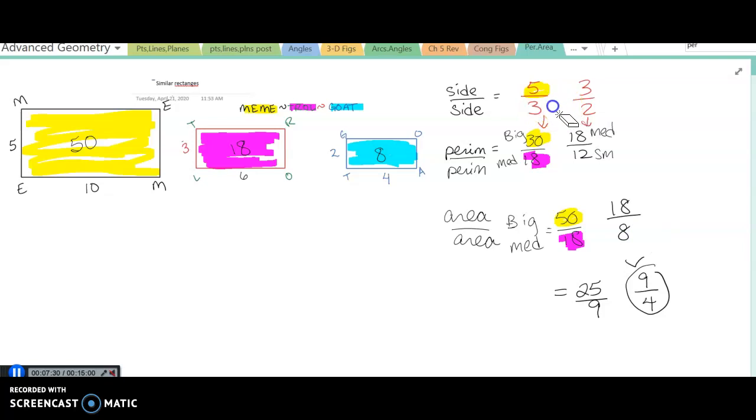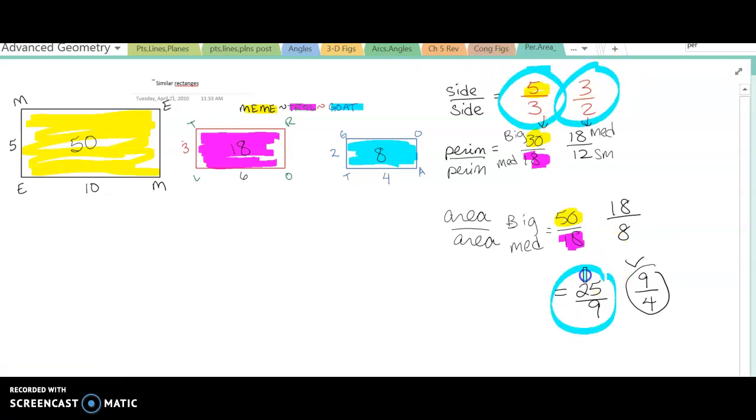They're not the same as our original side-to-side ratio. They're not the same as the perimeter ratio, but they are related. I hope you're thinking about 5, 25, 3, 9. It's not times 2, it's not times 3, it's those numbers squared. If you take 5 squared, you get 25. If you take 3 squared, you get 9. If you take 2 squared, you get 4.